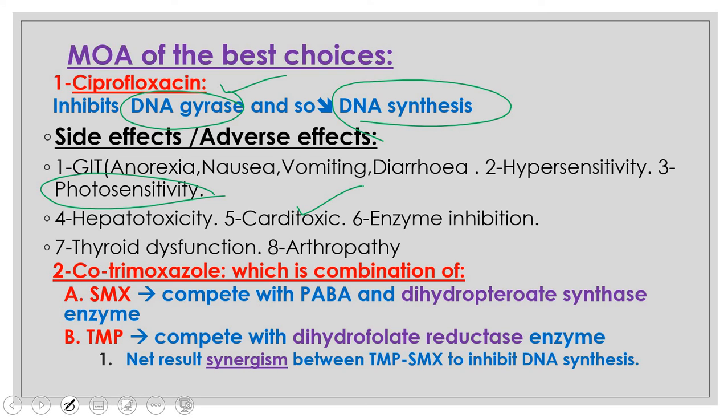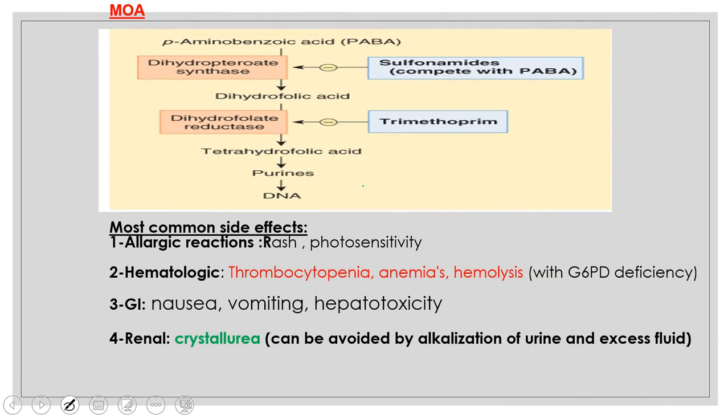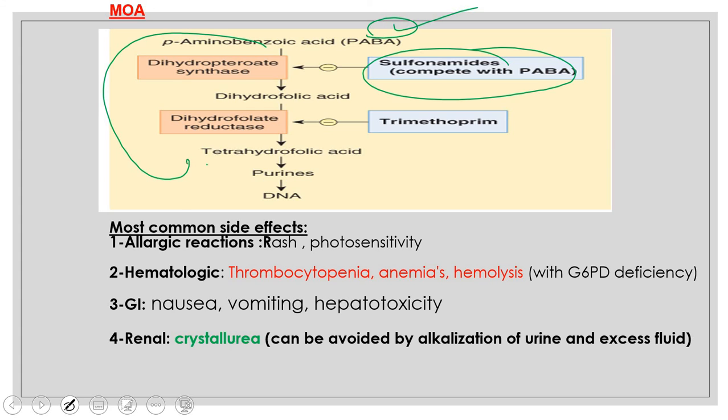And then thyroid function is sometimes affected. Regarding the combination of sulfonamides and trimethoprim, sulfonamides compete with para-aminobenzoic acid because they are a structural analog, and para-aminobenzoic acid helps in the synthesis of purine, and this purine is a base for the synthesis of DNA and subsequently protein.